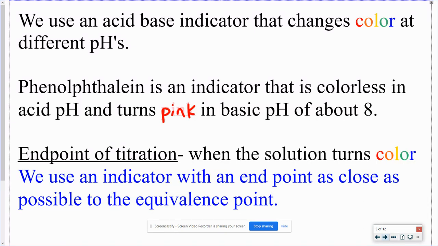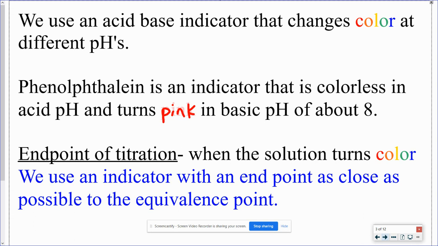We're going to use an acid-base indicator, or you did if you already did the lab, an acid-base indicator that changes color at different pH. The one we used, phenolphthalein, is colorless in acid and turns pink at about a pH of 8. The endpoint is when it turns color, and we're choosing an indicator that's close to the equivalence point on when it changes color.